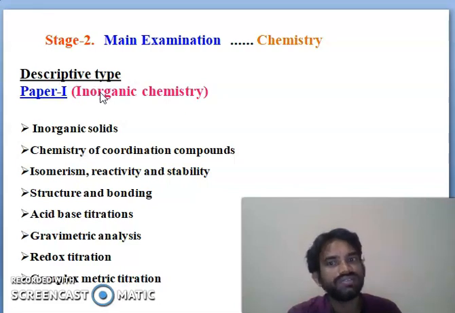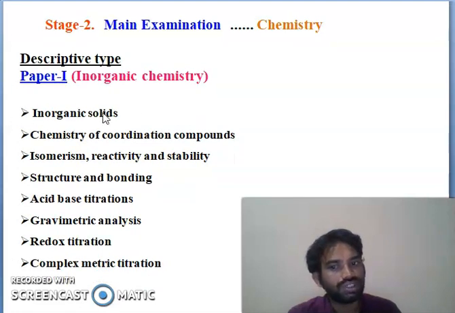In the main examination, stage 2, there are a total of 3 papers. The first paper is inorganic chemistry: inorganic solids, chemistry of coordination compounds, isomerism, reactivity and stability, structure and bonding, acid base titrations, gravimetric analysis, redox titration, complexometric titration.